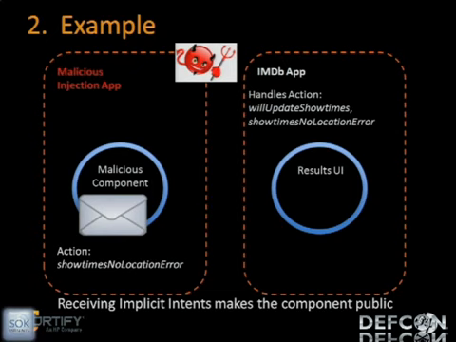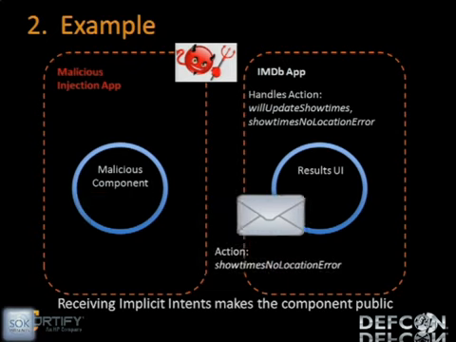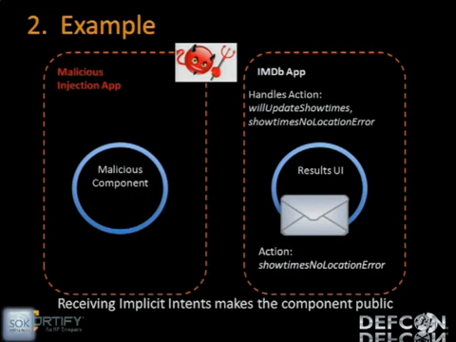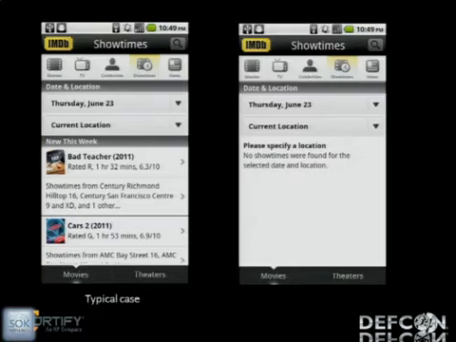If the attacker sends the no location error, then the user will be informed that there are no movie showtimes available. So instead of what you would see on the left, which is a list of all the showtimes, it would be a denial of service. The user would see that there are no movies available.